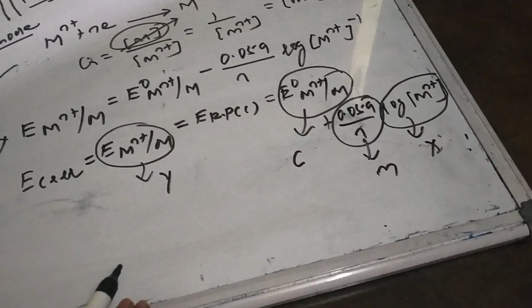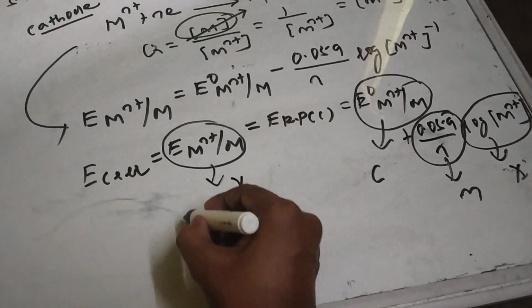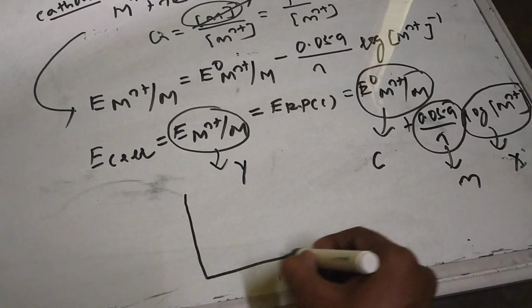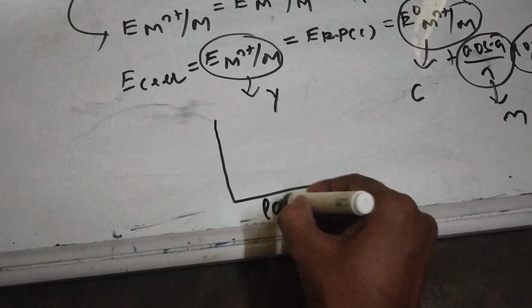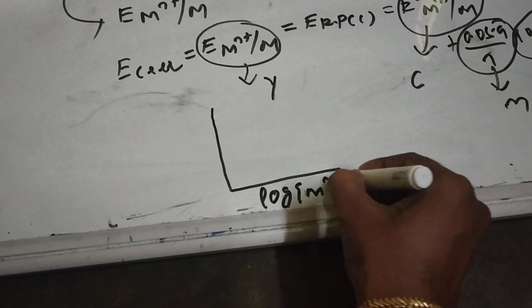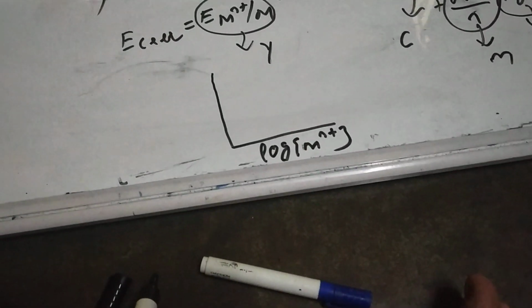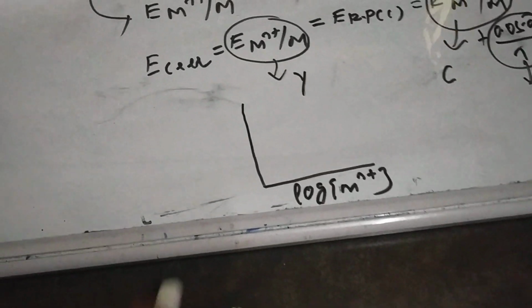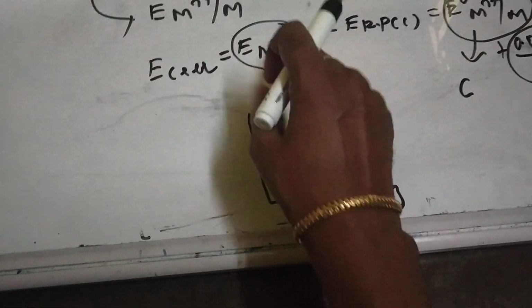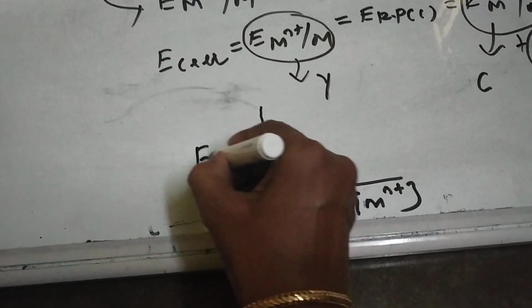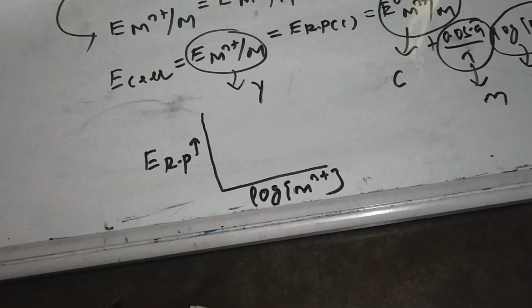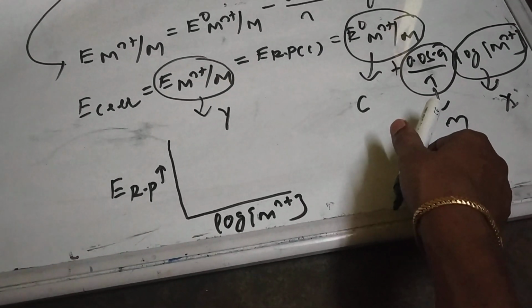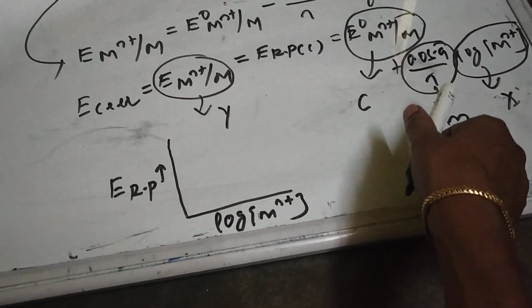So if I plot a graph by taking log Mn+ along the x-axis and E of Mn+ to M, the reduction potential, along the y-axis, we get a positive slope of 0.059 by n.